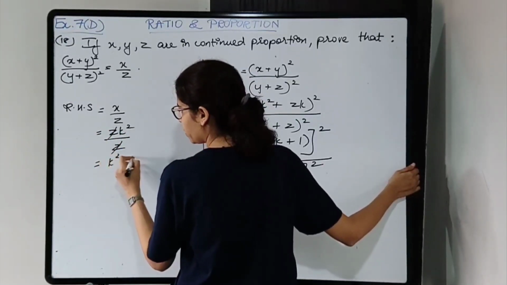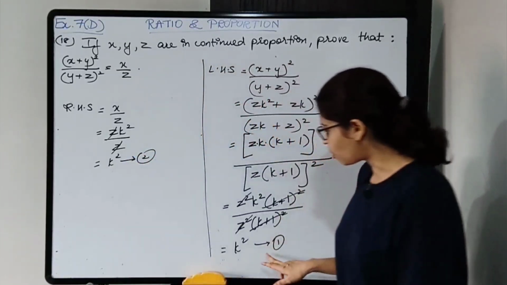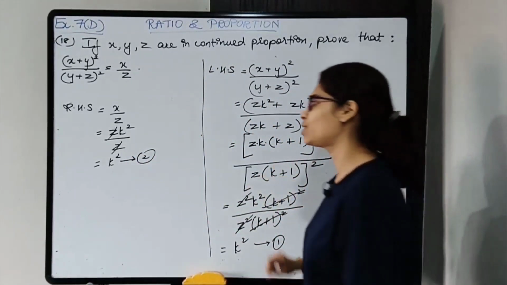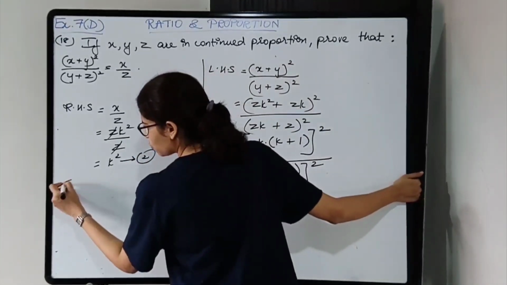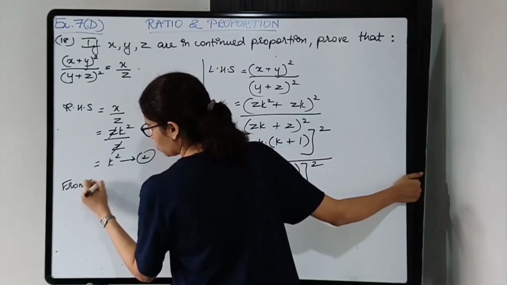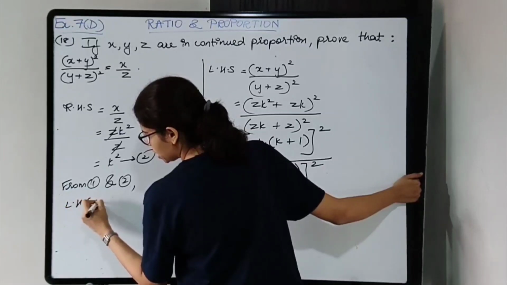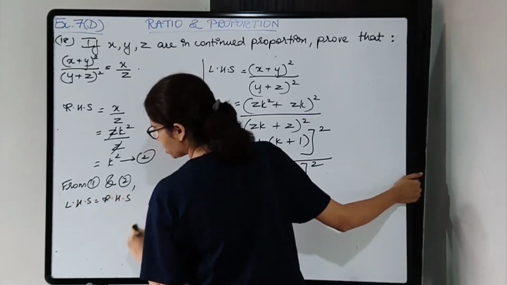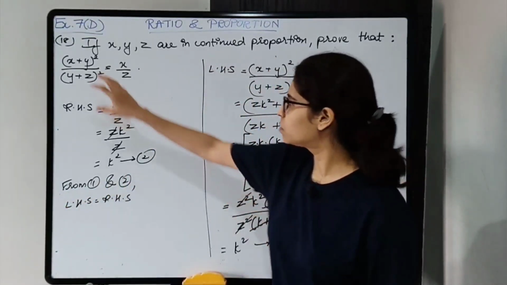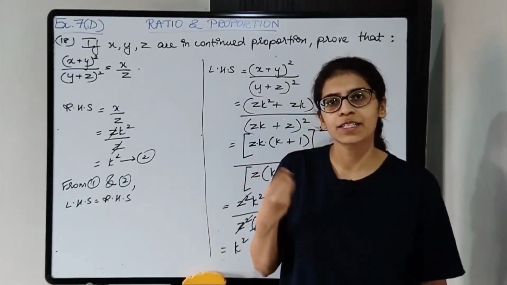You're left with k square. Mark this as 2. From 1 and 2 you can say LHS is equal to RHS. Therefore you write down the entire thing. This is equal to this, hence proved.